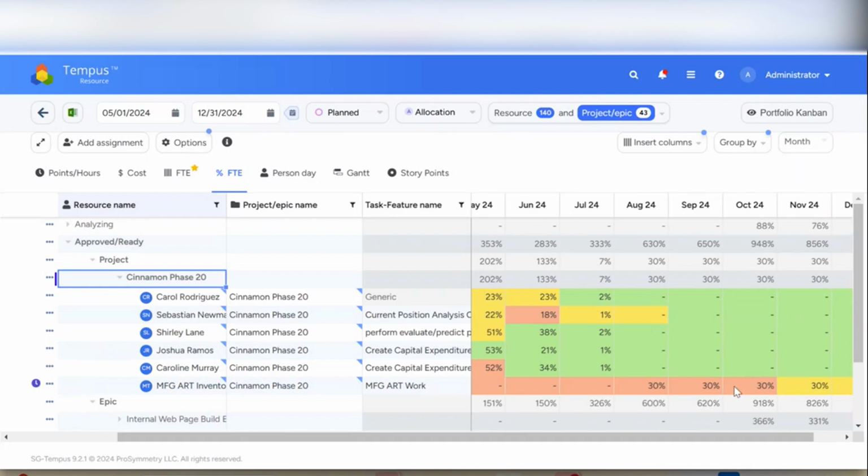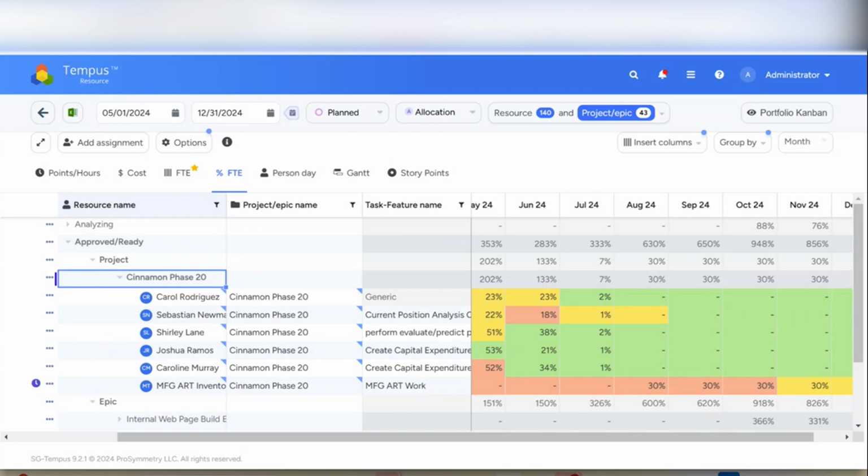Again, overallocated. I only have it 30% here, but I better go figure this out before I go into my PI planning event or my quarterly planning event, right? To make sure that by the time we get there and we start to do our detailed work decomposition, that we've already set reasonable expectations with the business in terms of both delivery timelines and costs associated with that.